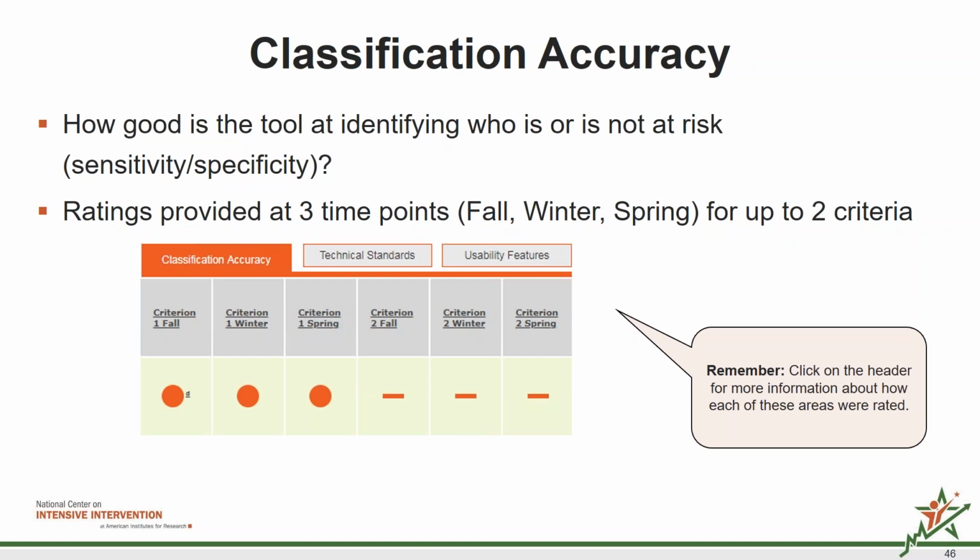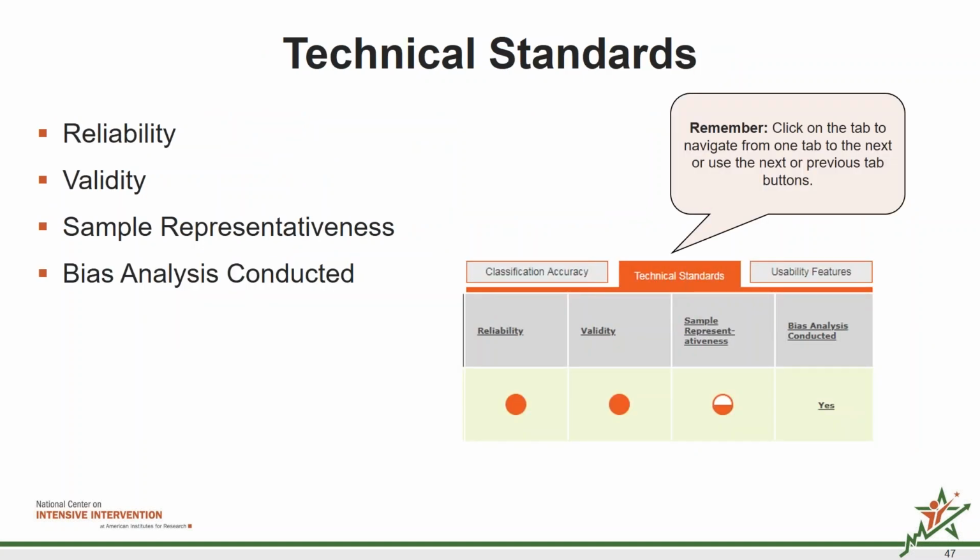And one of the things that you can see up here, again, Kathleen mentioned that you often screen, and we should screen, in the fall, winter, and spring. And so on the charts, you see information reported for a fall, winter, and spring measure, the criterion and the classification accuracy for that. You can click on the headers in any of these charts, both on this tab as well as on the classification accuracy tab, to see more about the specific definitions of each of those tools that are used to rate each of those indicators.